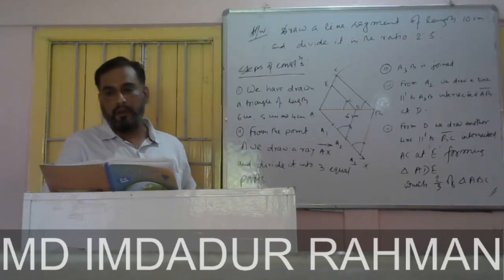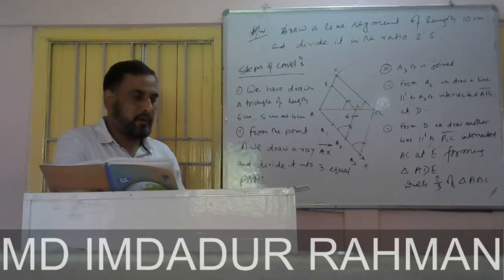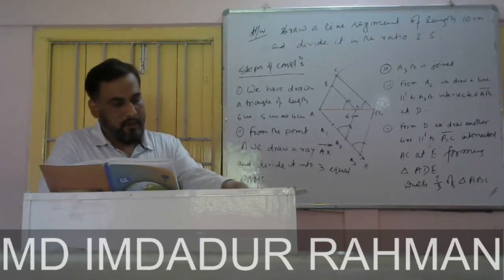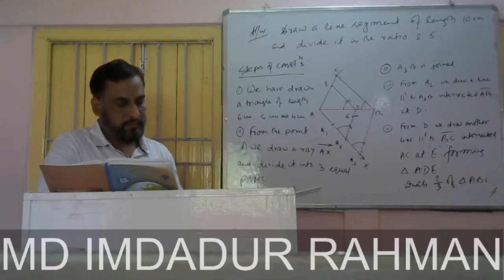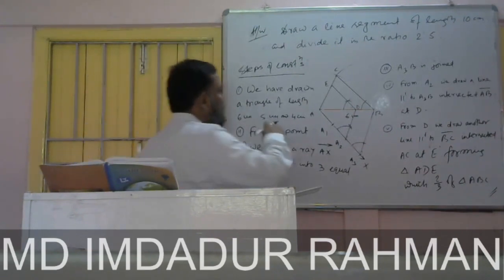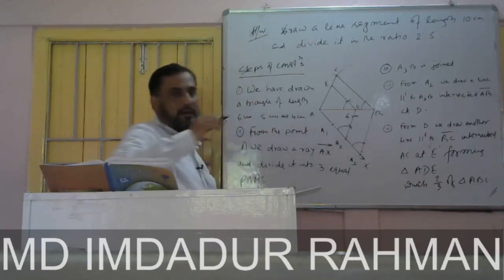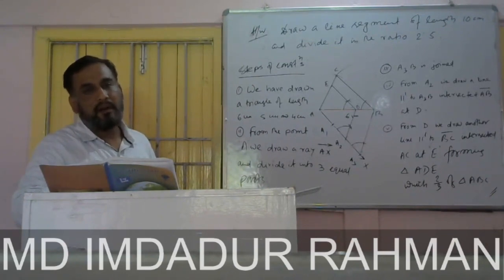Question number 2. Now I will show if, in place of 2/3, there is an improper fraction like 7/5.